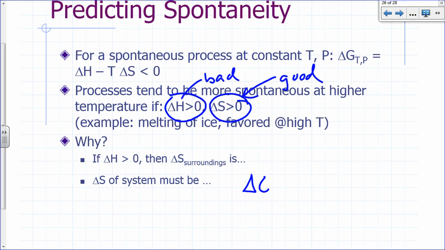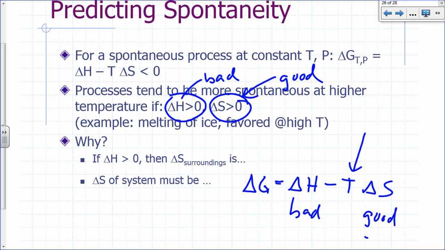Again, delta G is delta H minus T delta S. This is bad, and this is good. And so the good will win out in this competition, you might say, if the temperature is higher. So this type of reaction will be favored at higher temperature, because the more weight you give to the good, the more negative this delta G is going to be. The example would be the opposite of the freezing of water: melting of ice.